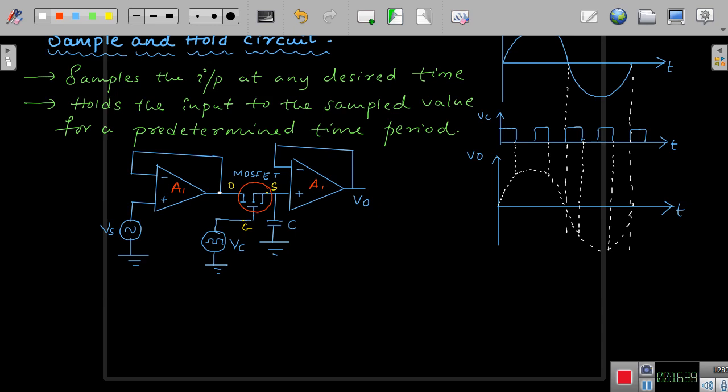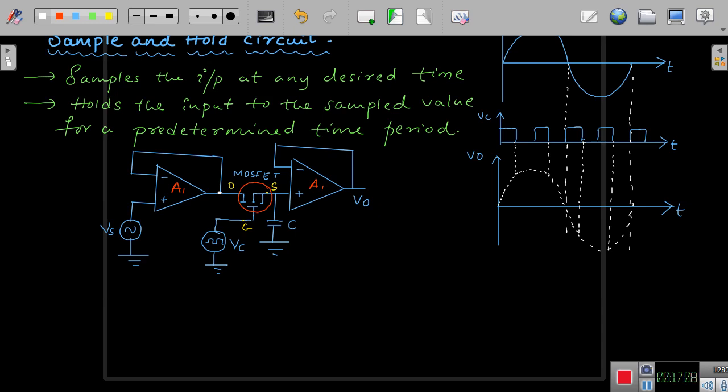When there is conduction between drain and source, this capacitor is going to get charged to the supply voltage. And since this is the output voltage, you can see the same voltage at the source. Whatever you have at input, the same value will be available at the output also, apart from charging the capacitor to the desired value.